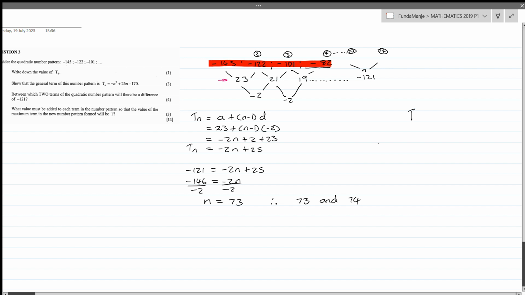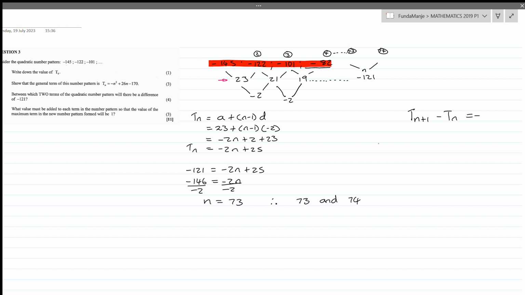You would say you're looking for the difference of Tn plus 1 minus Tn to be equal to minus 121. The difference between some two terms is going to give us minus 121, and between those two terms we need to find what the value of n is.